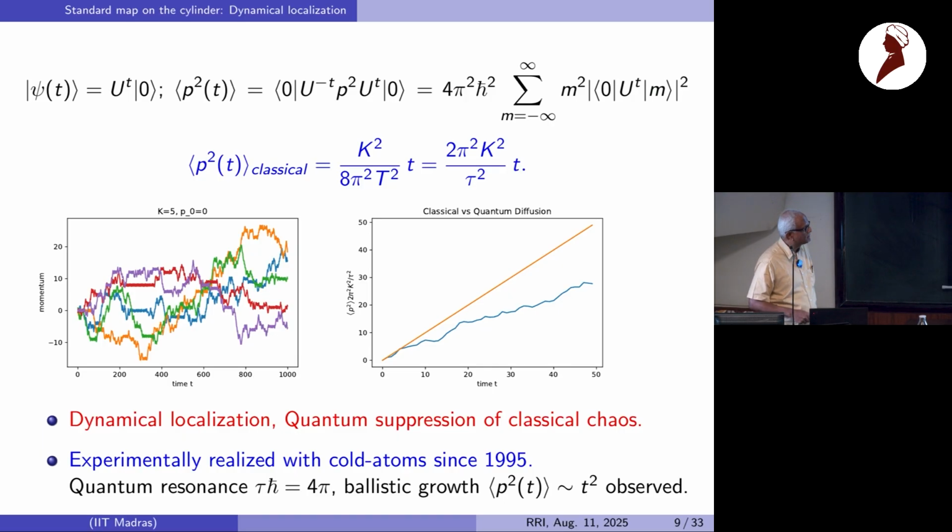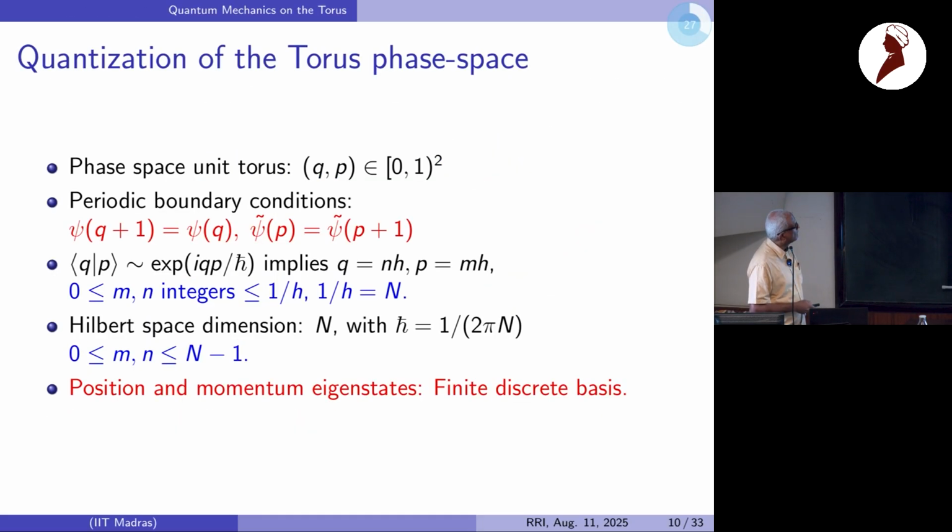So you can go from something which is suppressed to a ballistic growth more than that of the diffusive classical growth, and there's no classical equivalent of these resonance phenomena. People have done experiments with this, as well as fractional multiples of 4 pi, anti-resonances; various kinds of experiments have been done with this system. Okay, so I'm now going to go to, yeah.